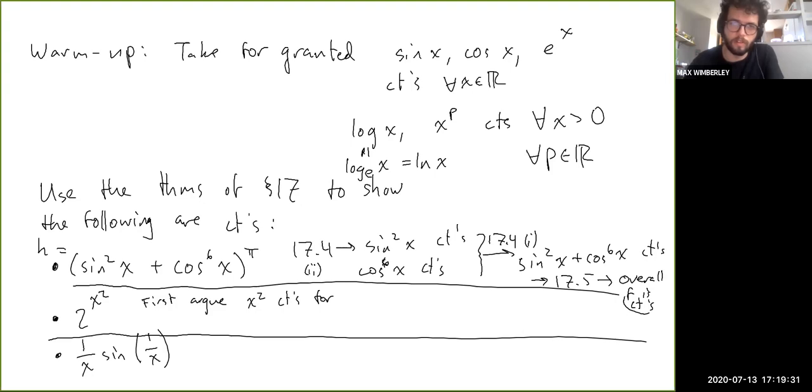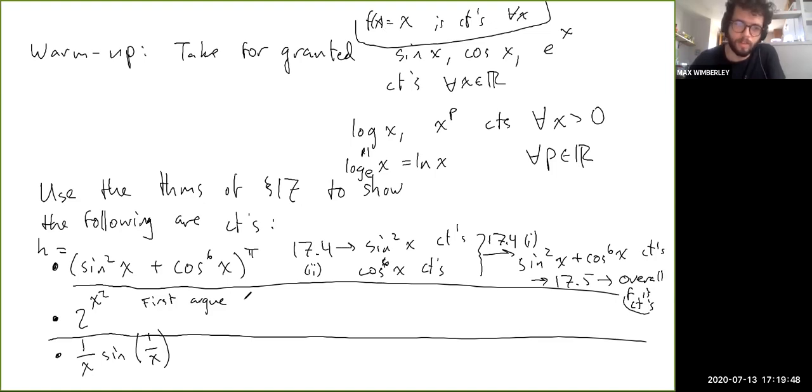So maybe it's an unstated assumption here that x is continuous for all x. Yeah, because this is really trivial to prove. So we can say x squared is continuous for all x by 17.4.